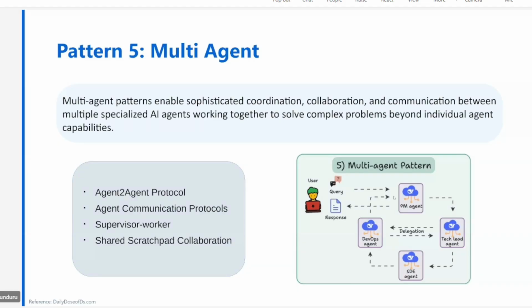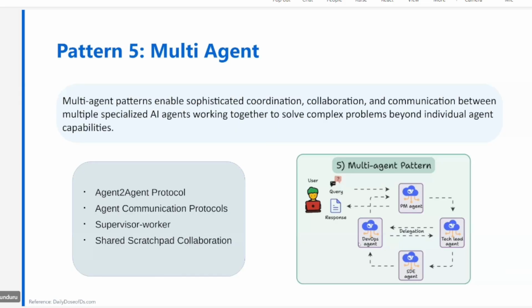So the PM agent is delegating the work, giving a message to the tech lead to implement some program or task, and the tech lead will be interacting with the DevOps agent.